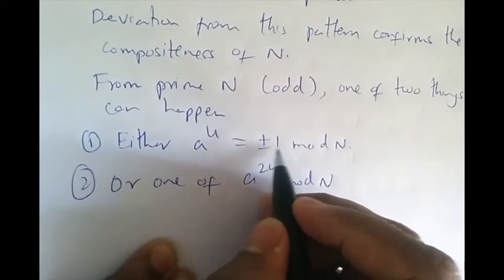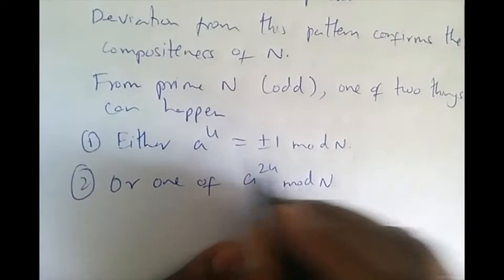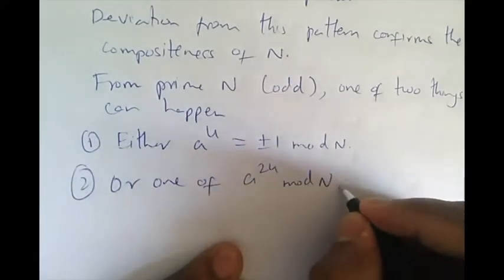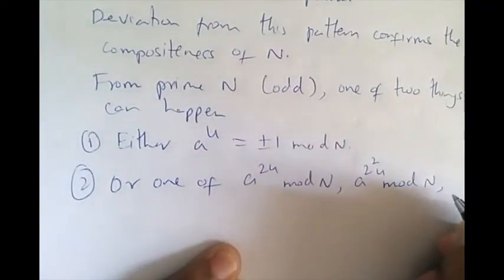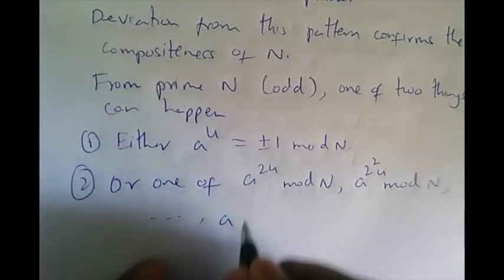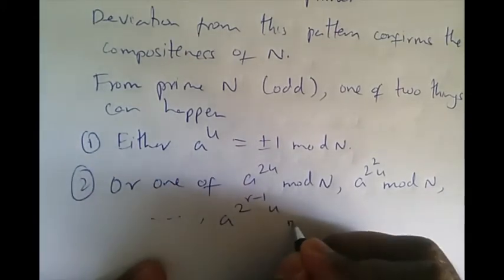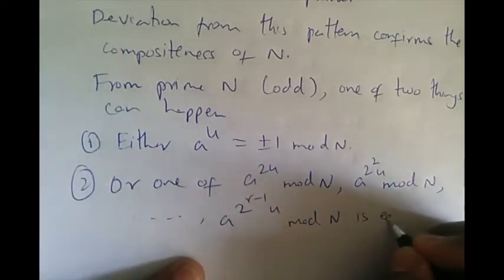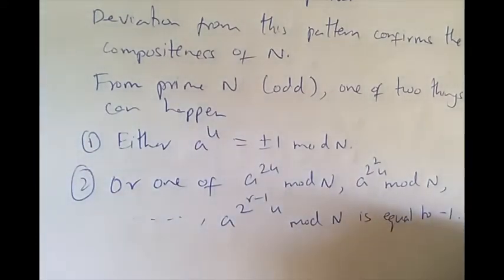Either it is plus or minus 1, which means all the remaining elements are 1 because of the squarings, or one of the remaining squares, a to the 2u mod n, all the way up to a to the 2 to the r minus 1 times u mod n, is equal to minus 1. Okay.